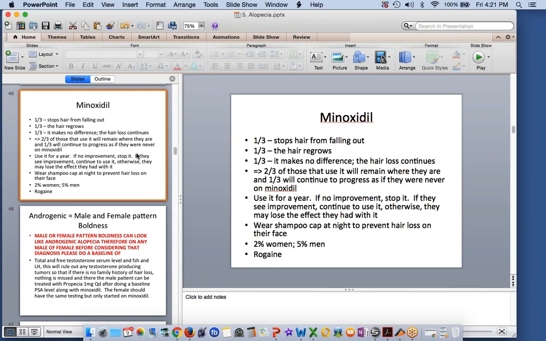And the reason we do the PSA before starting is just to make sure that it's not going to masquerade an elevated PSA, because Alopecia can masquerade BPH and/or prostate cancer by reducing the PSA level. This does not have to be done in a female. That is the PSA, just the other blood test should be done before committing to a chronic long-term use of either medications, minoxidil or minoxidil with Alopecia.